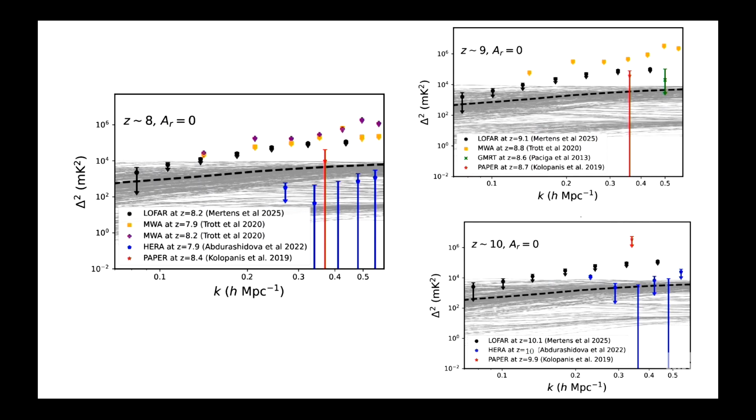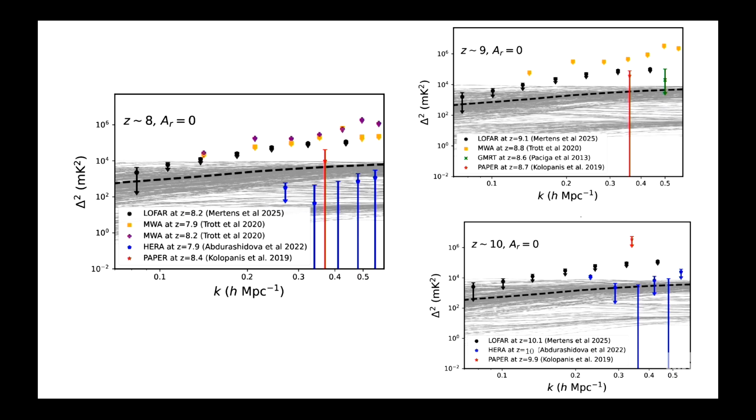Now, when we also incorporate all possible upper limits from the 21 centimeter observations, what we found is that at redshift 8 it is basically bound by HERA observations, and it is ruling out a model, this dashed line, which presents neutral and cold IGM at redshift 8, which indicates that at redshift 8 the IGM has to be heated in some way, right?